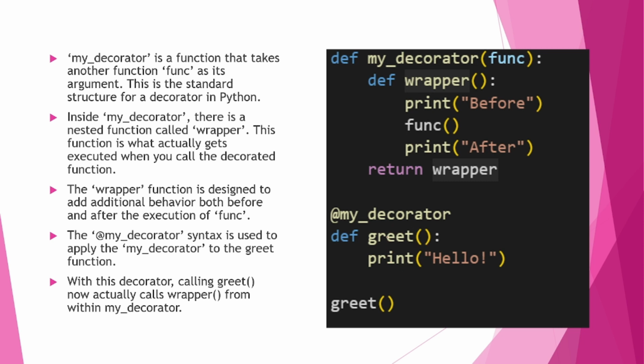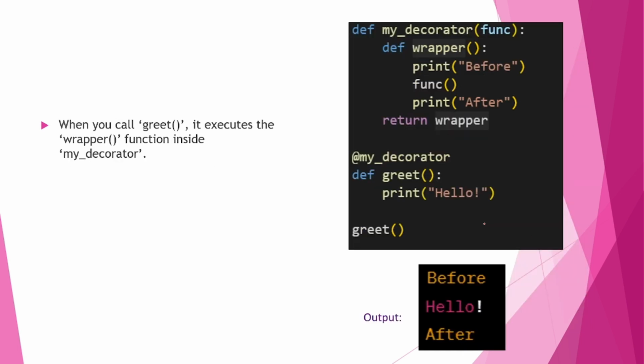This at sign, at symbol, this line of code actually applies my decorator to the greet function. So this is the fourth function that we here defined. The greet that is supposed to output only hello. But when we apply the decorator to the greet function, and when we call the greet, what do you think will happen? So it will not only print hello, it will print before and after.